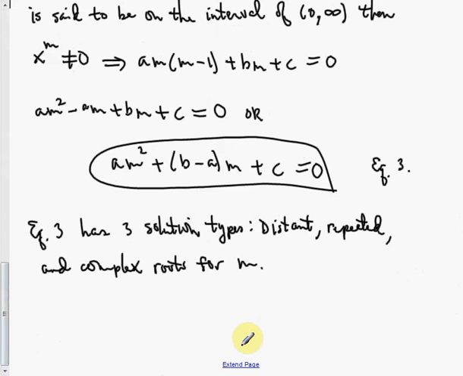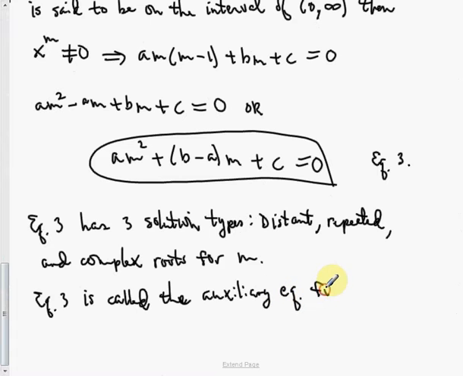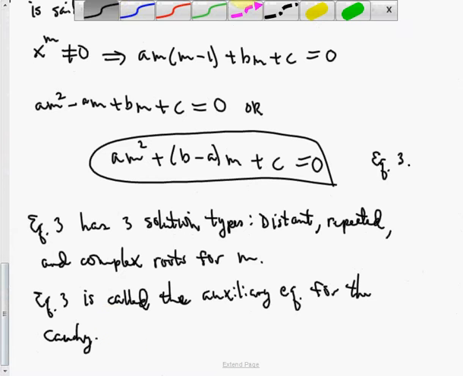Equation 3 is called the auxiliary equation for the Cauchy Euler equation. One L, excuse me.